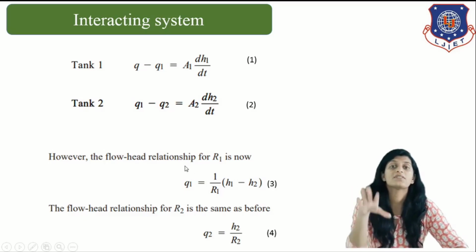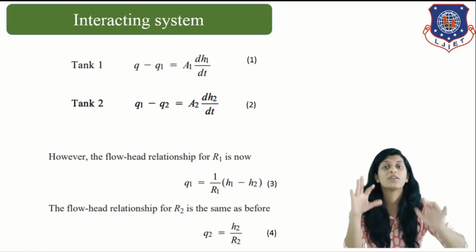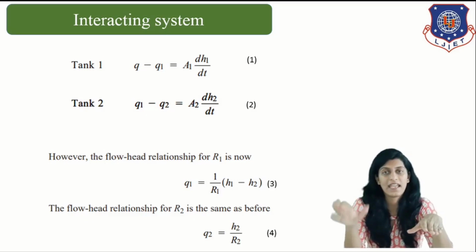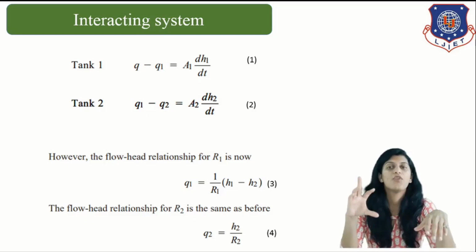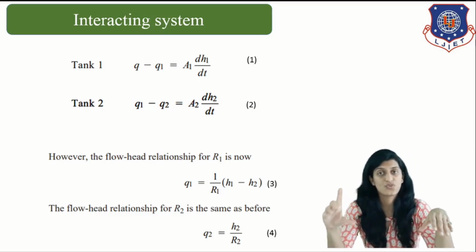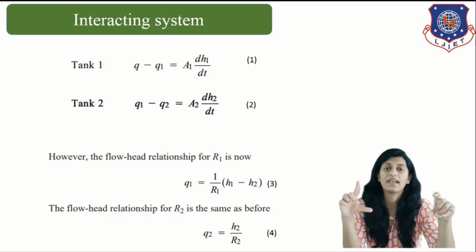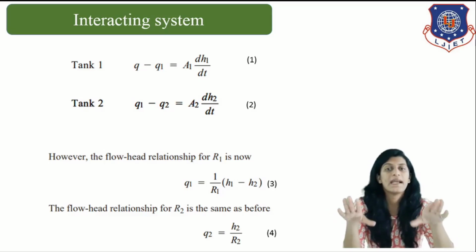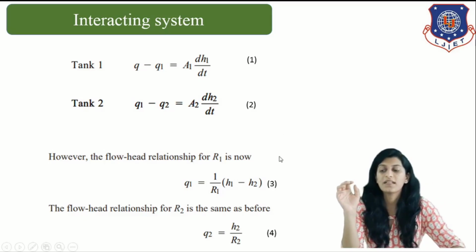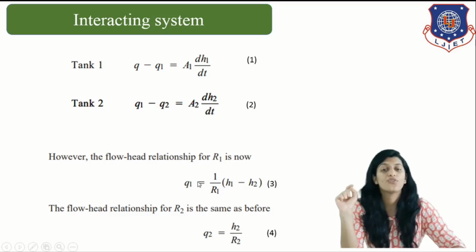Which height difference? Difference in height of liquid of both the tanks, tank 1 and tank 2. So, hold up liquid of tank 1, that is H1, minus hold up liquid of tank 2, that is H2, right. So, H1 minus H2 will be the driving force here for flow rate.